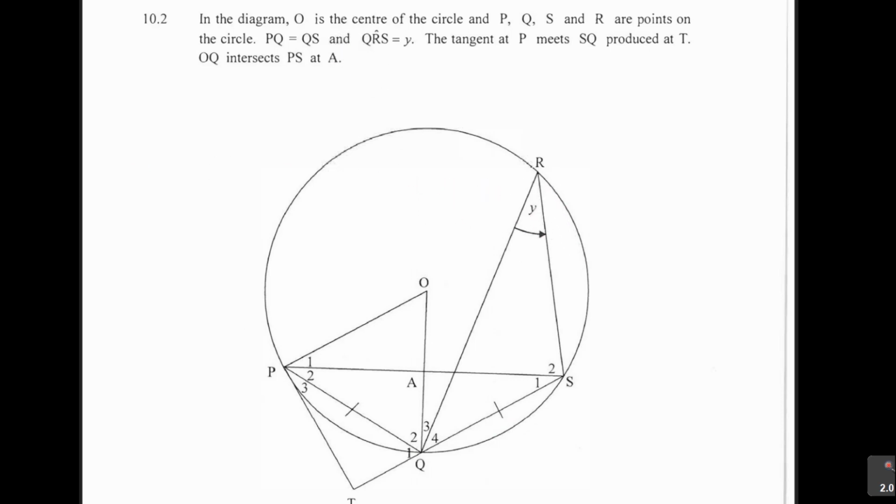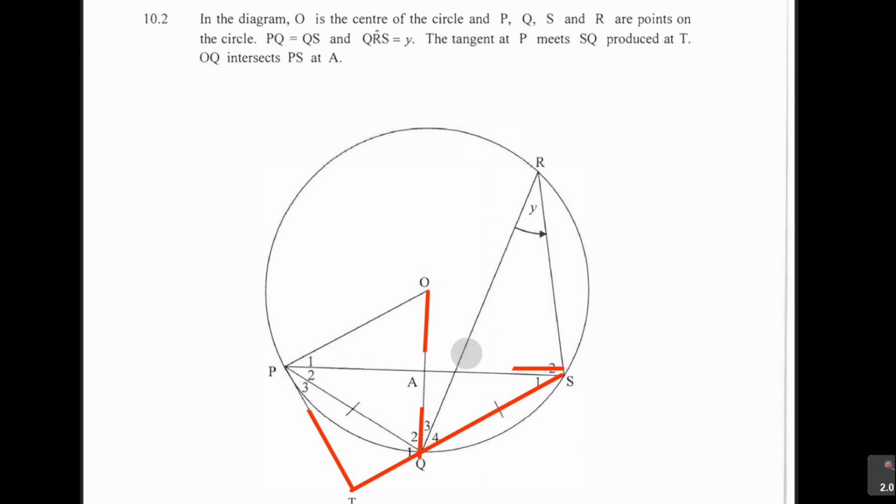It is equal to what? The angle is equal to Y. The tangent at P meets SQ, so we have SQ produced to T, so there is the tangent there. And then OQ intersects PS. There is OQ, it intersects PS at A, so there is that point, there is the A there.